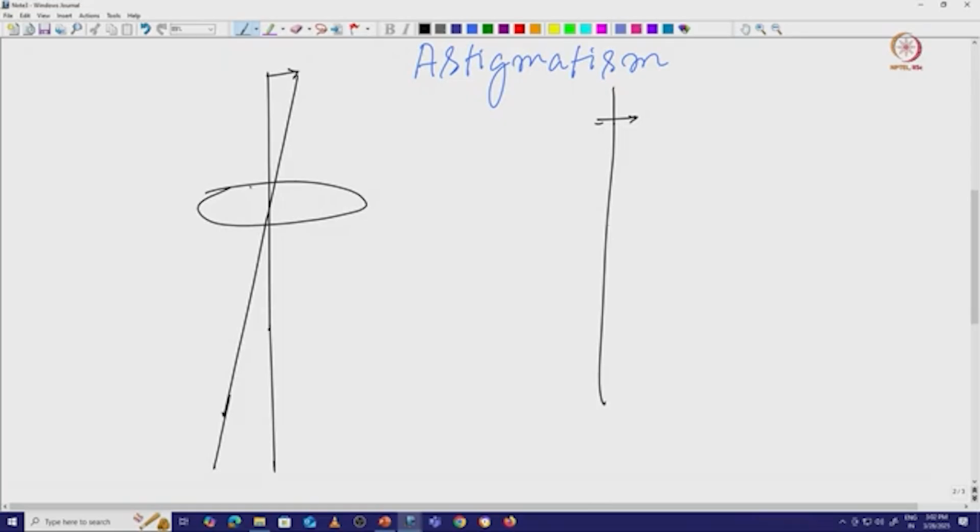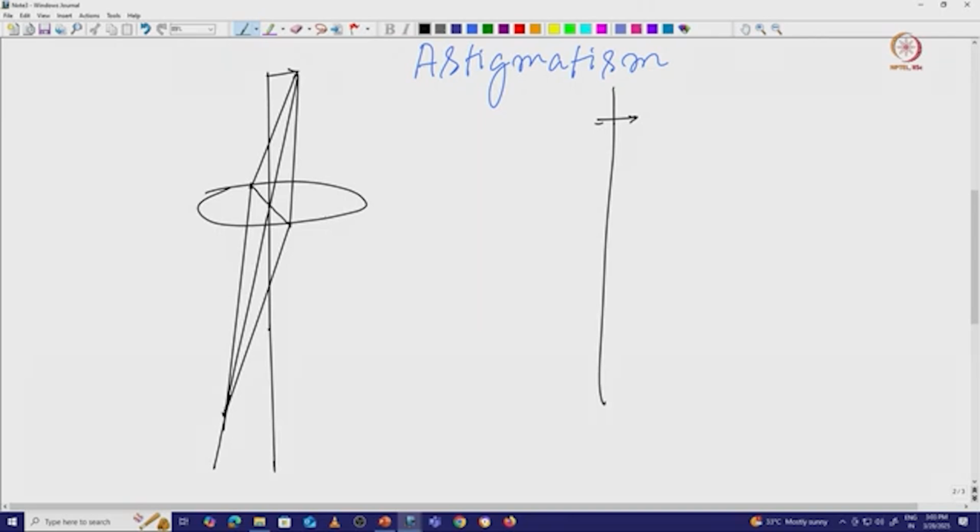So there will be a next one. If there is some kind of change at the beginning, that change is going to be reflected here. This is the ray, and it is merging. Definitely it will converge at one particular point here.